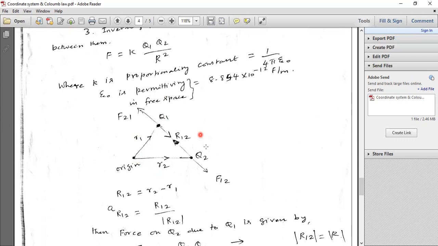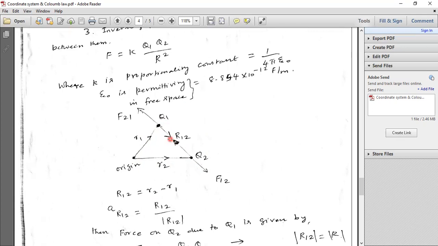Now we are considering two charges which are located at R1 and R2 distance from the origin. The Q1 charge is located R1 distance from the origin, and Q2 is located R2 distance from the origin. We need this vector R12.